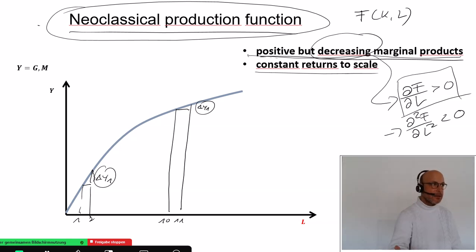So the second derivative of our function is the first derivative of the first derivative of the function. And a monotonically decreasing function has to have a negative first derivative.